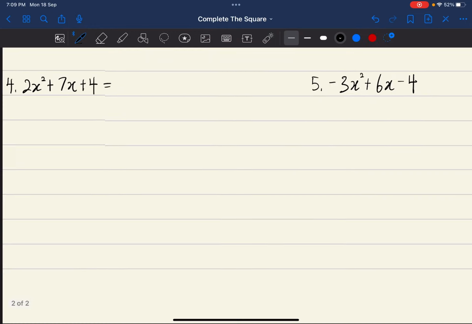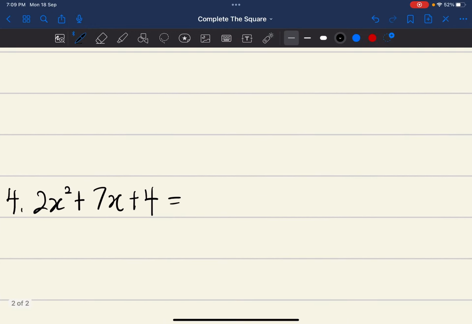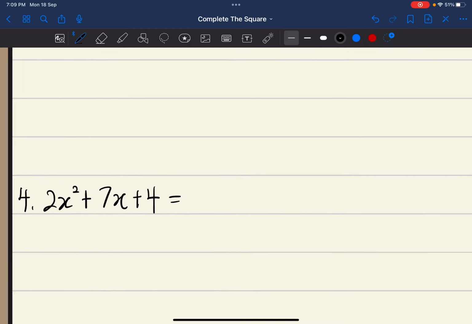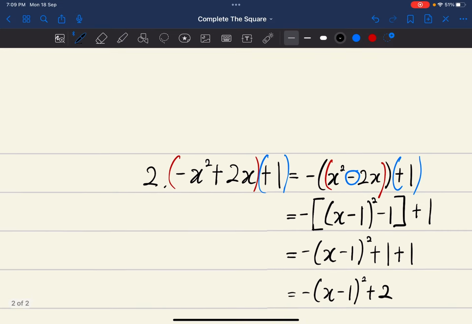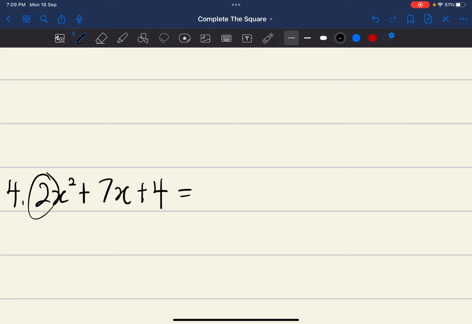Okay, question 4. All right, now this is new. Our coefficient of x squared is not 1 anymore, or not negative 1. It's a 2. But the idea is actually the same as question 2. This time we take out the 2 instead of taking out the negative.